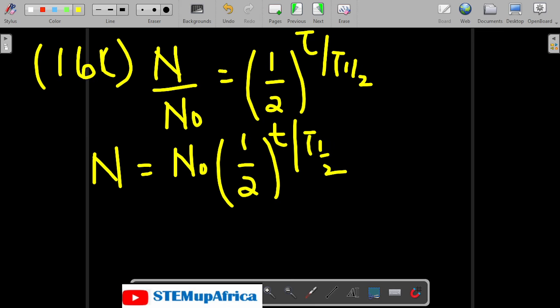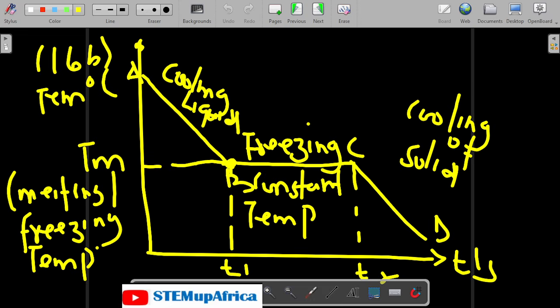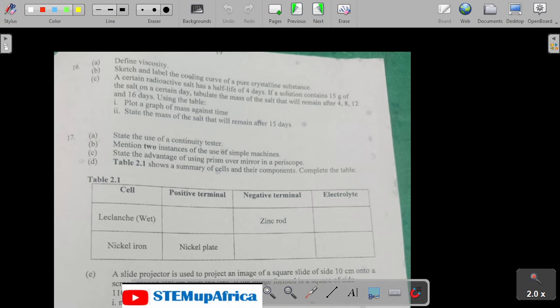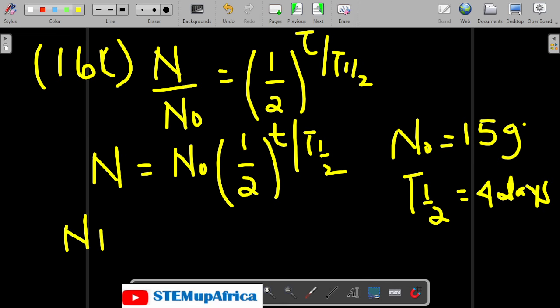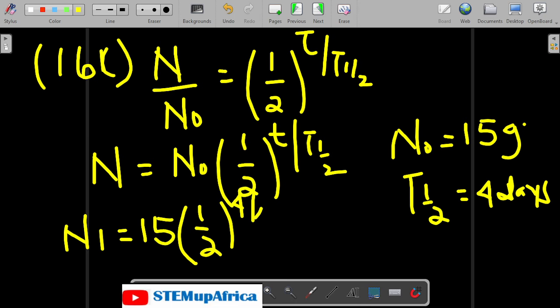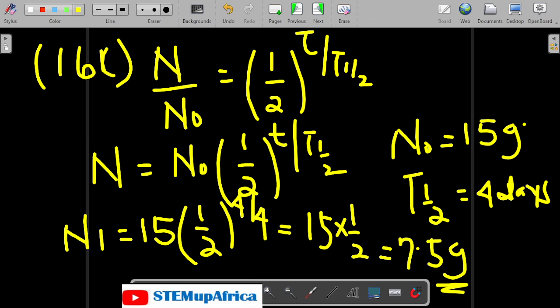So for our original mass, 15 grams. What happens if it decays for 4 days and the half-life is also 4 days? So my N1 will now be 15 times 1 over 2 raised to 4 over 4, which is 15 times 1 over 2. That will give us 7.5 grams.